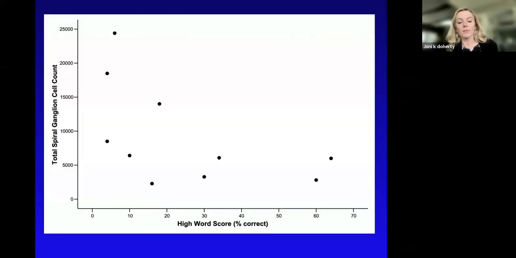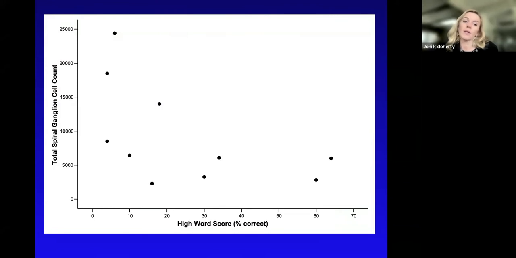This is some early data that showed that the total spiral ganglion cell count did not really correlate with the speech discrimination score, or word understanding score, in cochlear implant users. So there's a poor correlation.